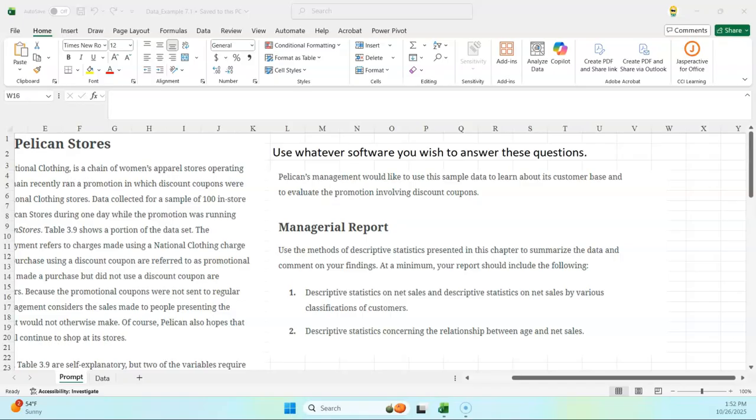So descriptive statistics, what am I talking about? At a minimum, you want to look at mean, median, standard deviation, because those are all going to tell you about things in the data. Of course, you can also calculate a range, and you can finish off our 5-number summary and do the first and the third quartile of each data set. So once again, remember though, this is by different classifications of customer.